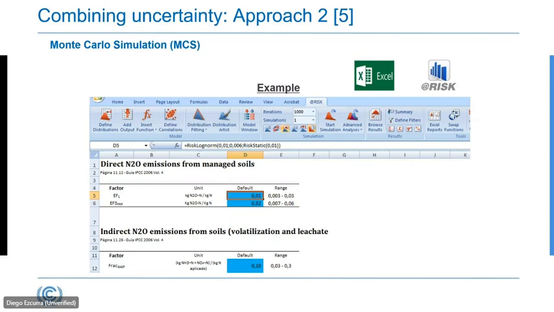You may insert functions. You have options to assign correlations between different values. If you have a set of data, you have options to fit a distribution, instead of you trying to do a statistical analysis and come up with the probability density functions and their values.